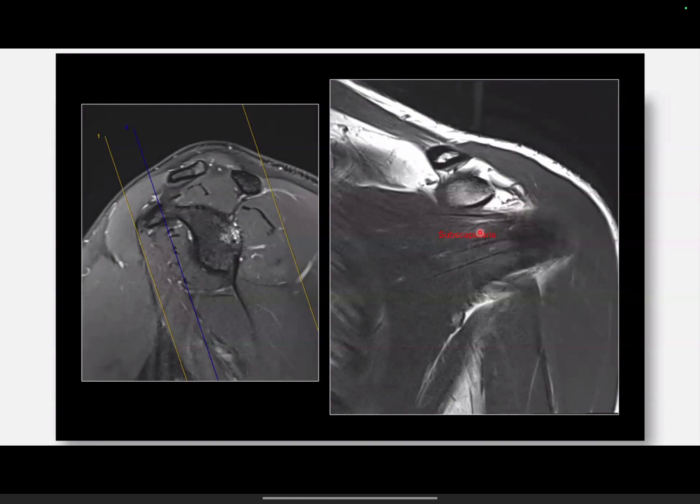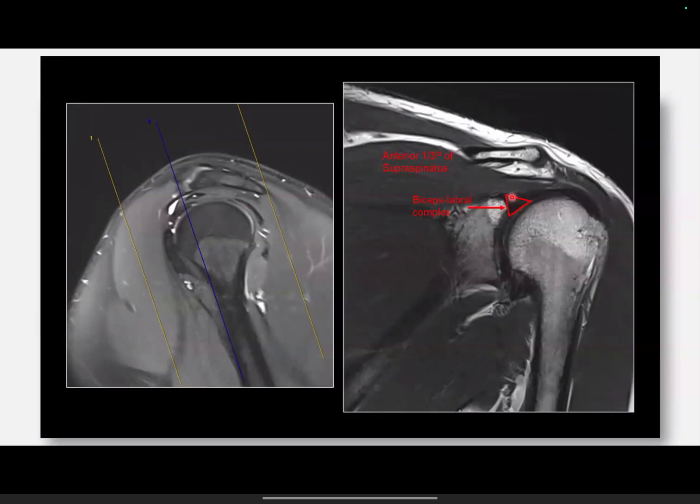In the next image you can see these are anterior fibers. In the second image is the subscapularis muscle. Sometimes on sagittal or axial images we will not be able to see an interstitial tear, but on the coronal image we will be able to see it. So if you see any abnormal interstitial signal within the tendon, you can confirm it on the coronal images.